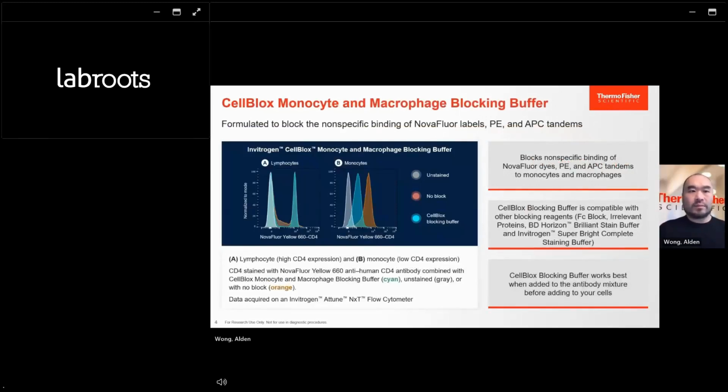Each NovaFluor dye includes a CellBlox blocking buffer. This is required for use, which blocks nonspecific binding of NovaFluor dyes, PE and APC tandems to monocytes and macrophages. When using the blocking buffer, it works best when added to the antibody mixture before adding to your cells.